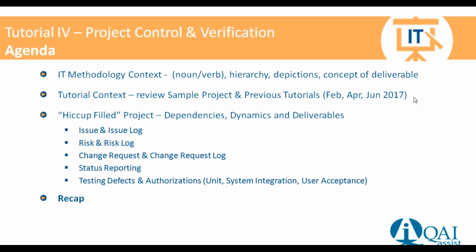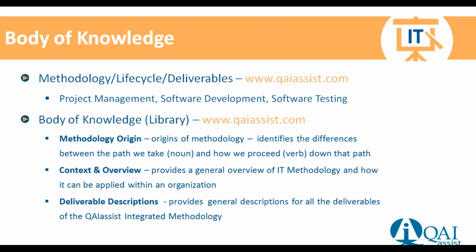And again, there is reference to the Project Insight website, all of those specific webinars that you can go back and look at specific deliverables. And then we got into how we're going to actually control and verify our project with these different project management deliverables. So that gets us through the end of the session.